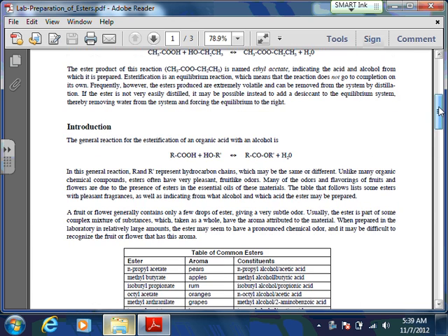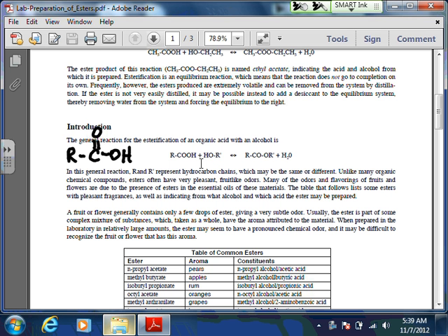But basically the general reaction that they're showing you, the RCOOH, another way to write that, which looks more like what you have on your sheet, is R connected to C, double bonded to O, bonded to OH. So you've got a carboxylic acid there, and then you're combining that with an alcohol.